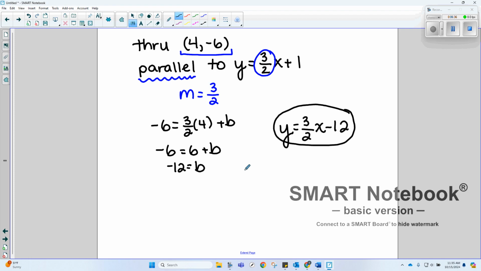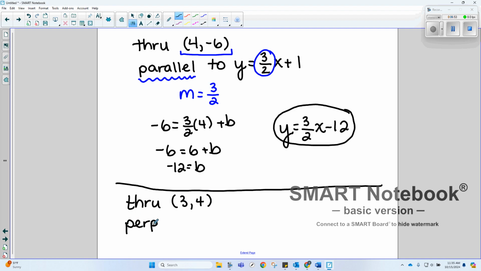Now, like I always say, the only way to make a problem harder is to create a problem that has more steps to it. So maybe I want to go through the point 3, 4, and I want to be perpendicular to the line x minus 2y equals 5.